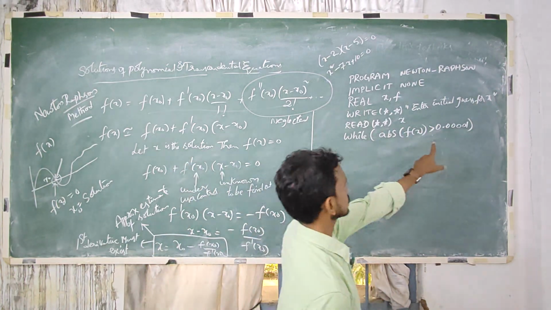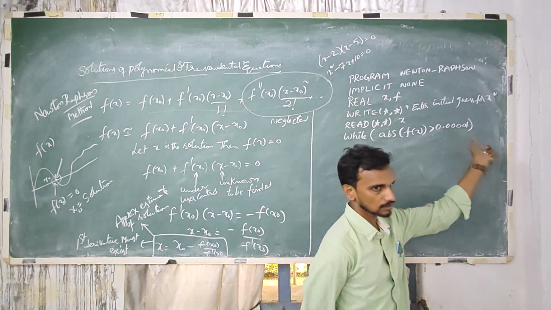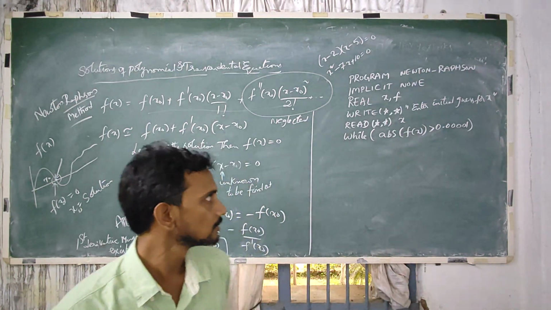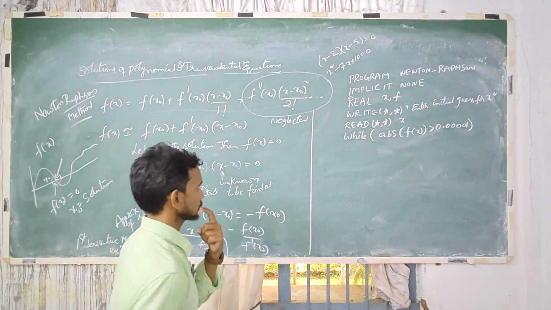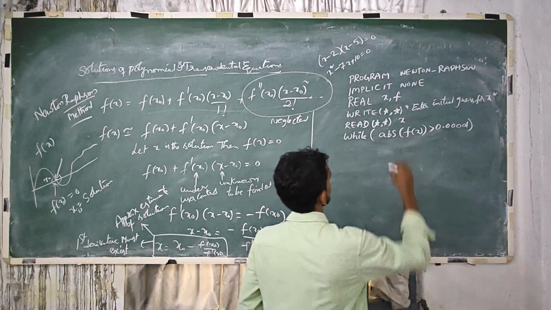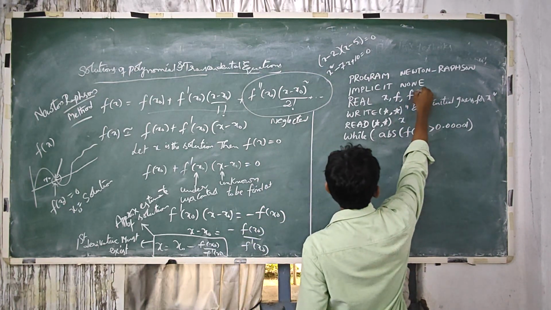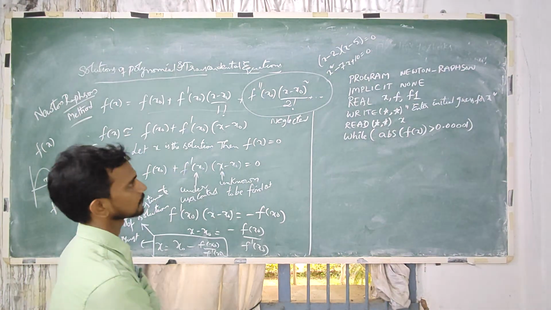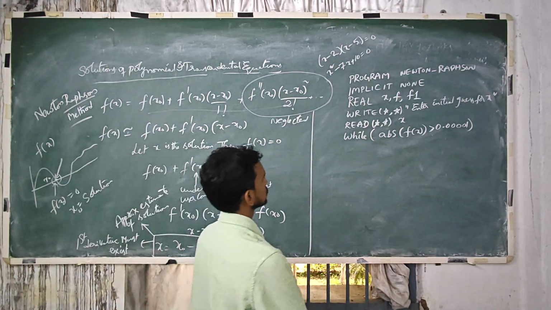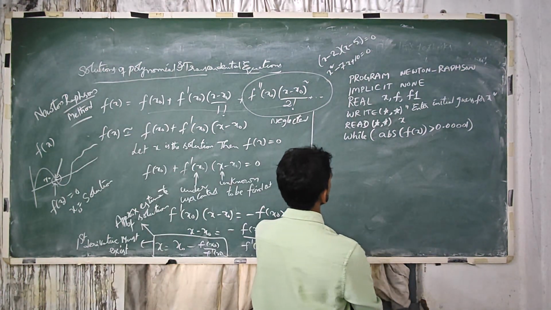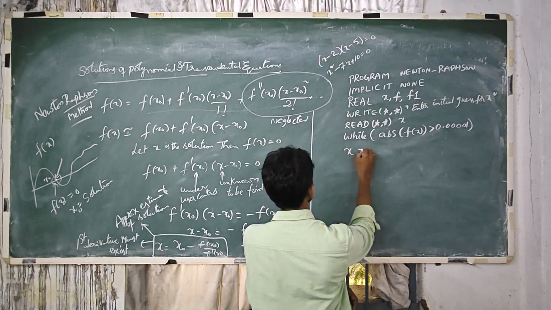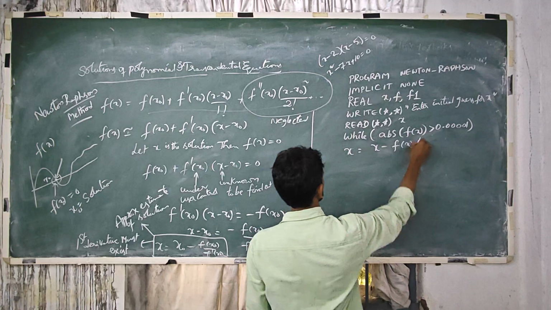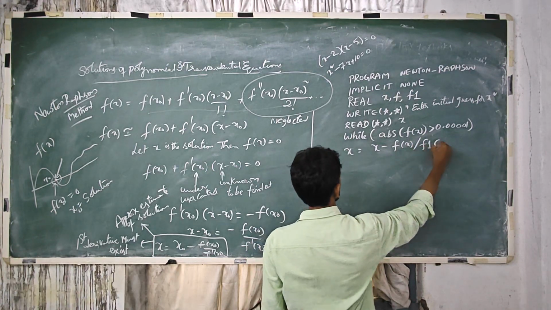If it is greater than whatever accuracy we require, what shall I do? I have to calculate f, and f1 is also needed. x is equal to x minus f of x by f1 of x.